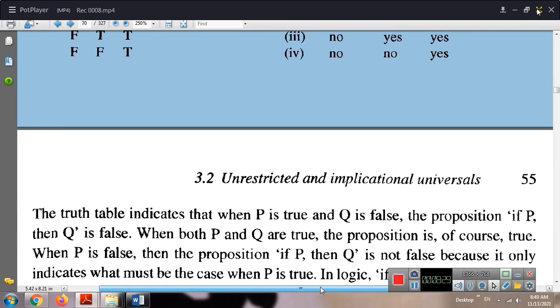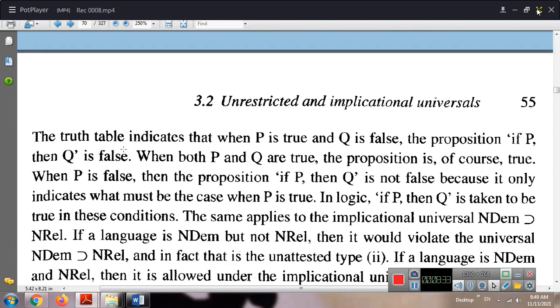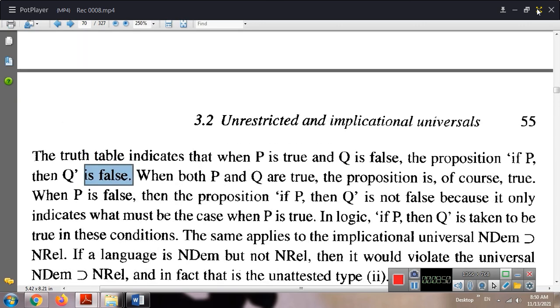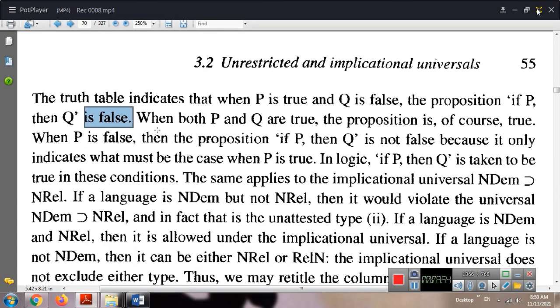Here we want to describe all of this matter which I told you. The truth table indicates that when P is true and Q is false, the proposition if P then Q is false. Here I describe the above table which I told you.